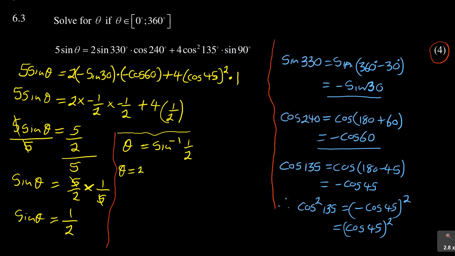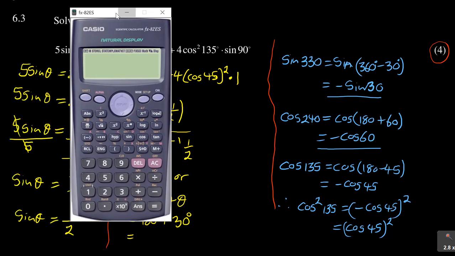So theta is equal to 30 degrees, or you can say theta is equal to, and then sine is positive also in the second quadrant, which is 180 plus theta, which is 180 plus 30 degrees, which in this case will be 210.